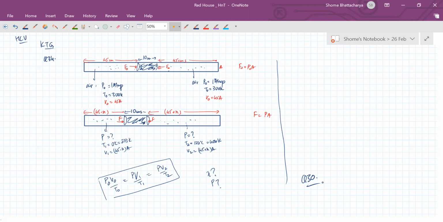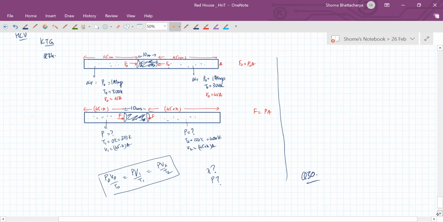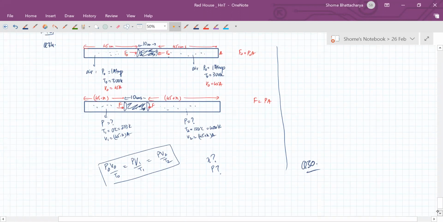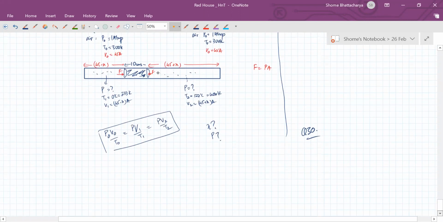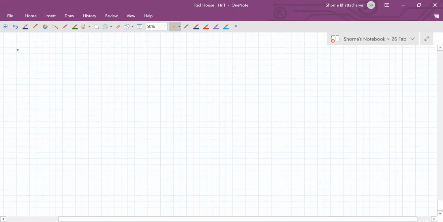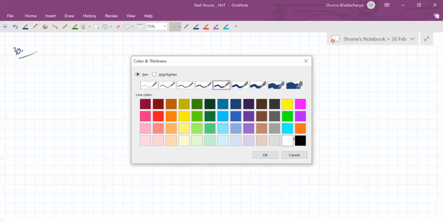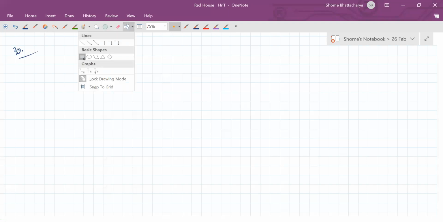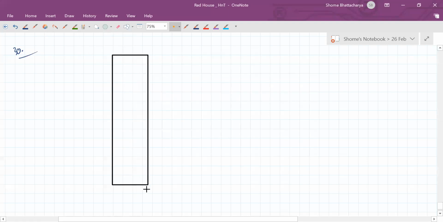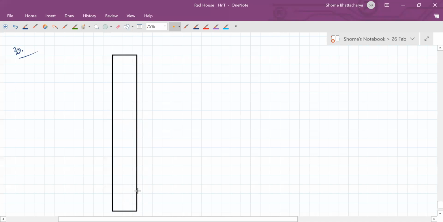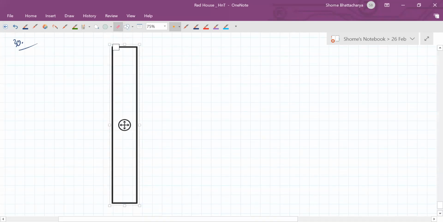Okay, next up, let's understand question number 30. What's happening in this is that we have a glass cylinder which is 100 centimeters long and kept vertically like this with an open top.